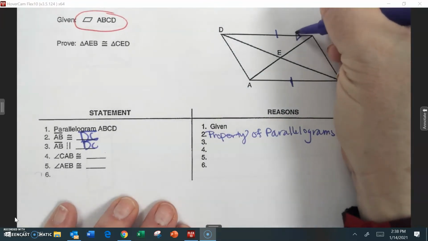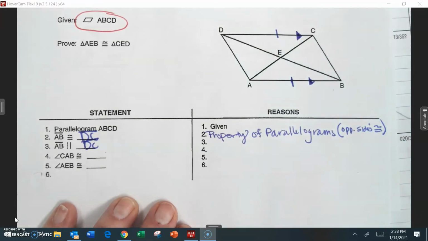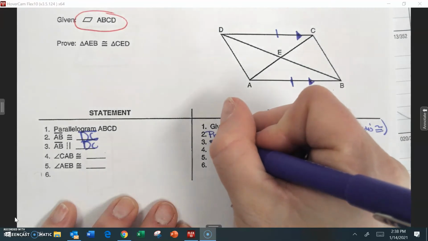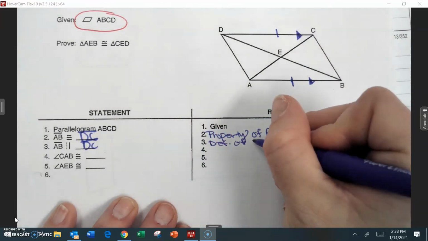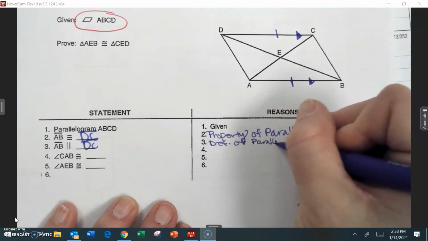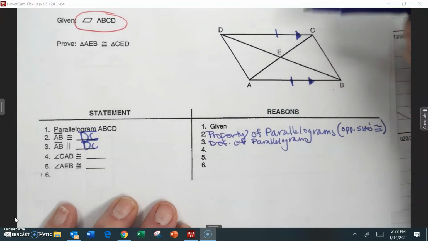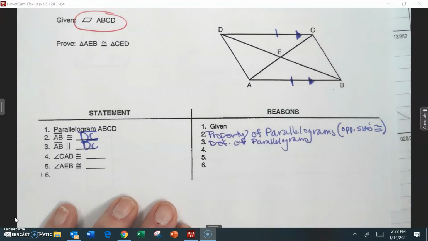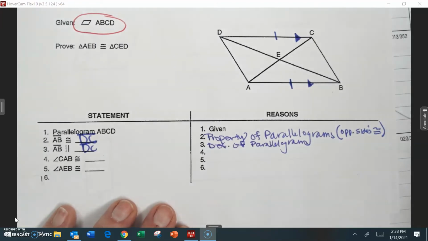And we know that opposite sides of a parallelogram are always parallel. So that is actually the definition of a parallelogram. If you put property, I would not mark that wrong, but I think you need to really start thinking that the definition of a parallelogram is just a four-sided figure where opposite sides are parallel.